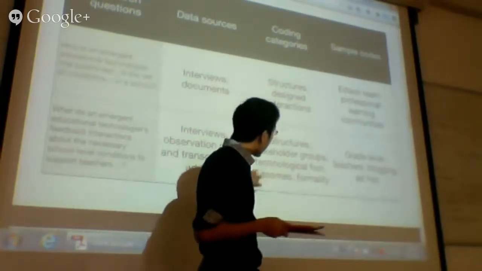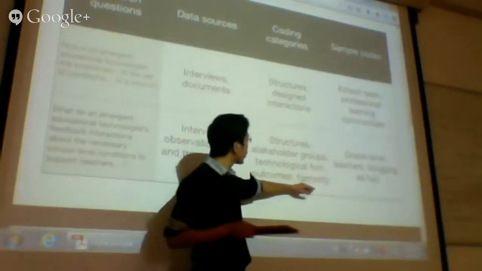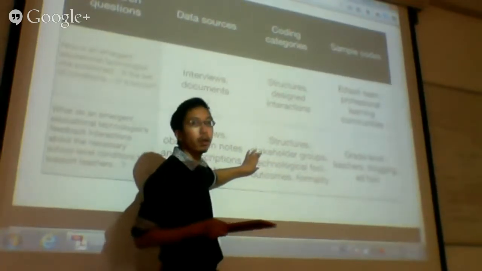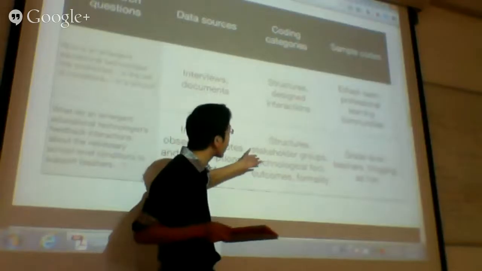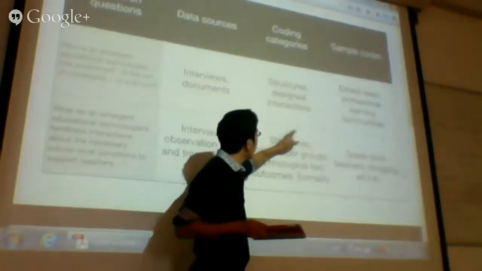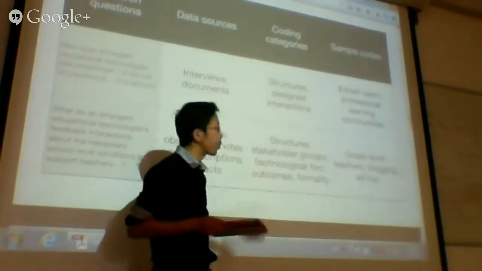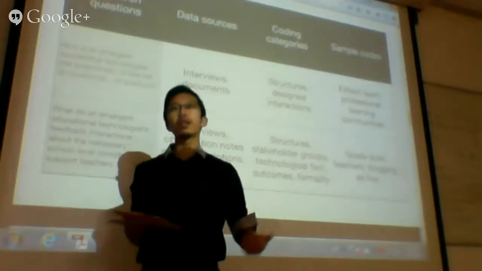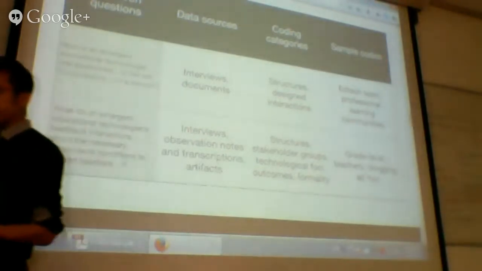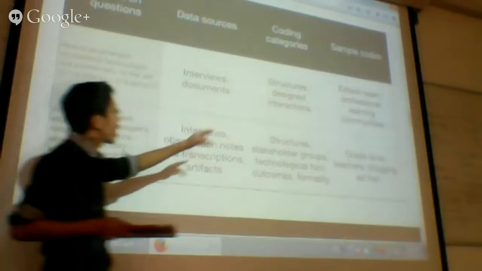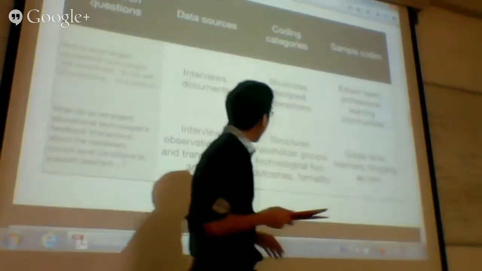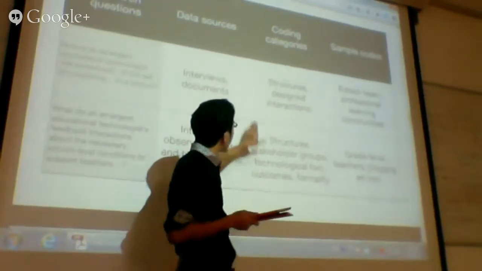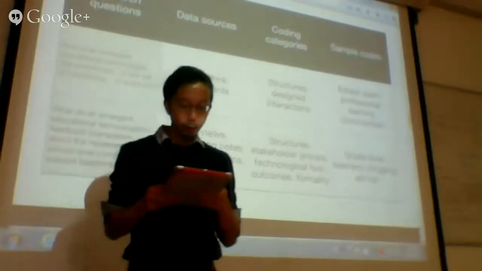What are the outcomes of this interaction? How formal is the interaction? What's the technological focus of this interaction? What are they learning about? And then what are the involved structures and stakeholder groups? Are we dealing with teachers here, parents here, students here? At what level in the school? And these were some of the sample codes that I started to create for these categories. I used NVivo for this.